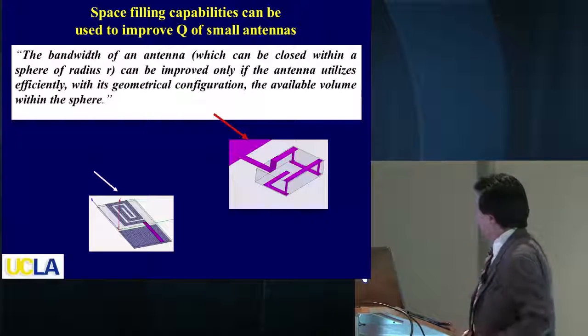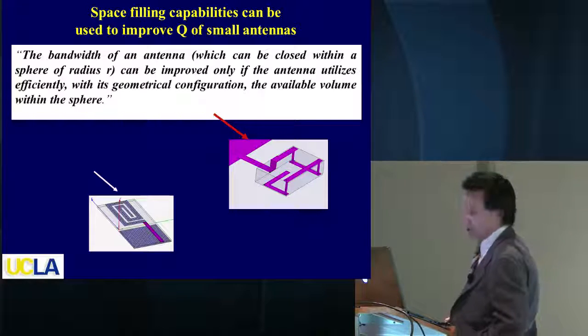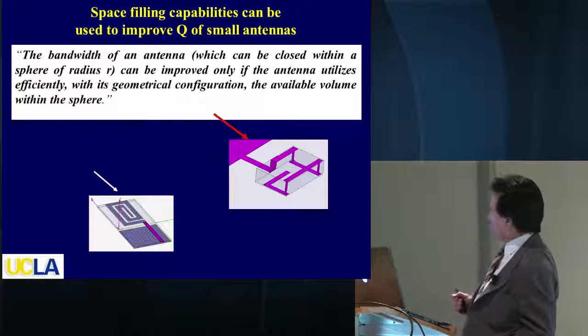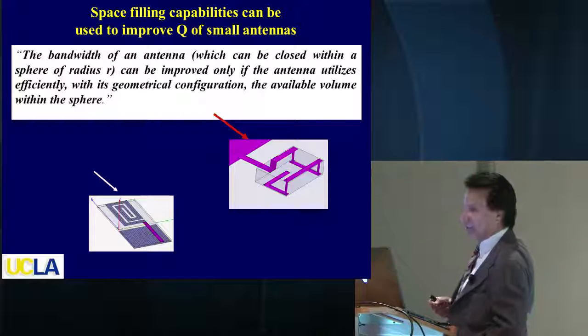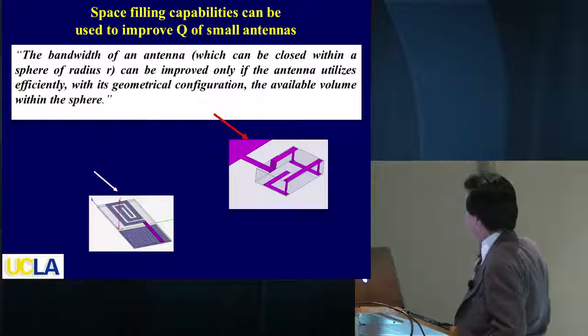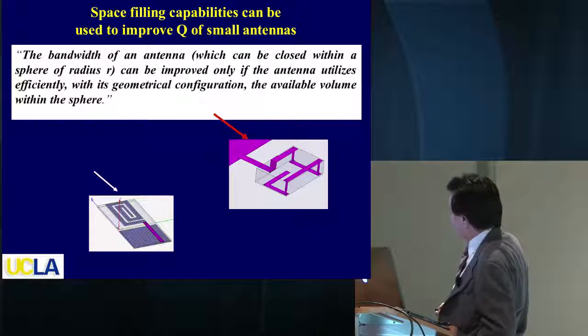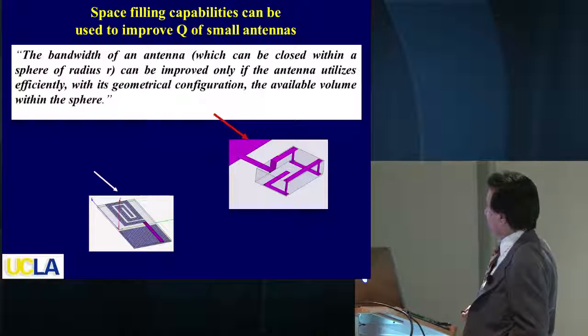Now, if you look at this wording here, it's very paramount for what we are discussing today. It says the bandwidth of an antenna which can be enclosed within a sphere of radius r can be improved only if the antenna efficiently utilizes, with its geometrical configuration, the available volume within this sphere.